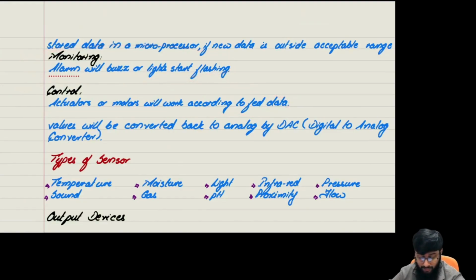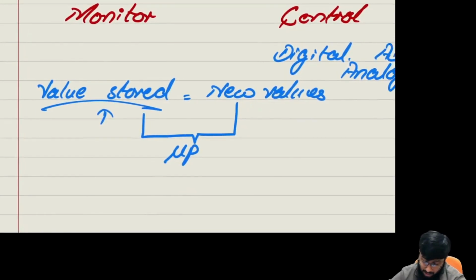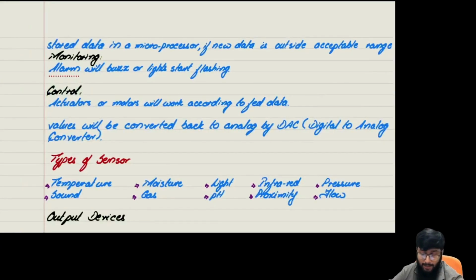The previous point won't be included. After that, the values will be converted back to analog format, because most of the time you get the answer in analog format, with the help of the DAC, the digital to analog converter.